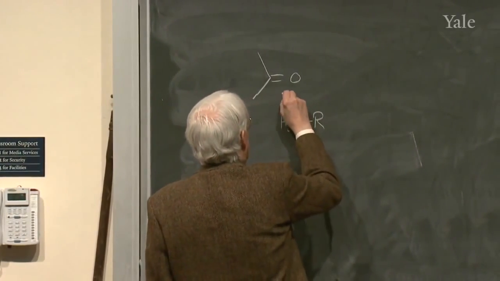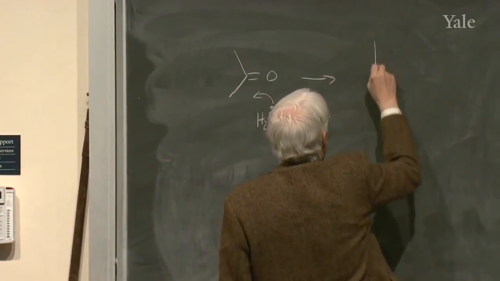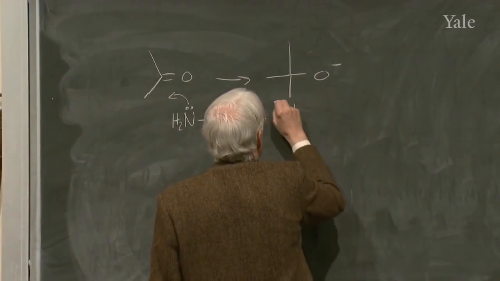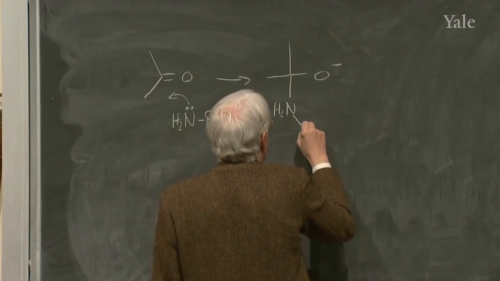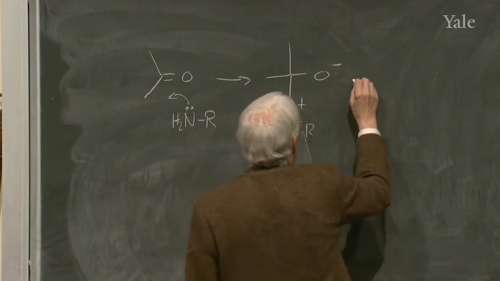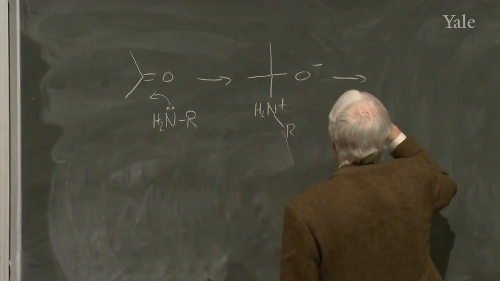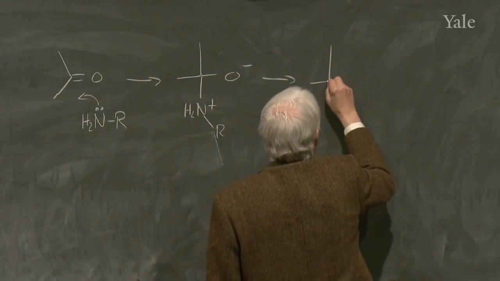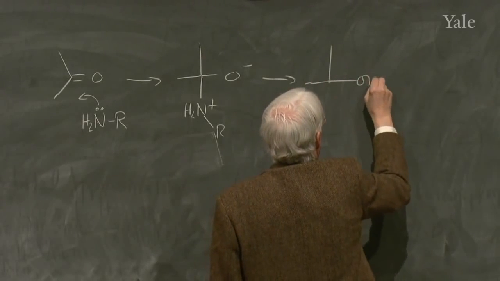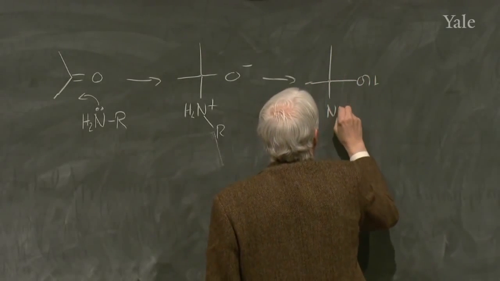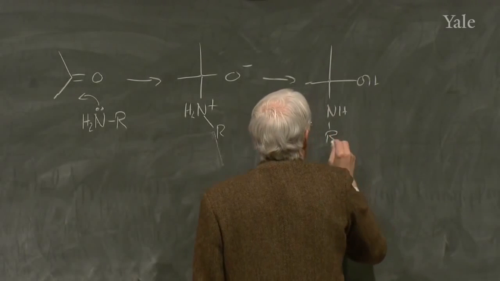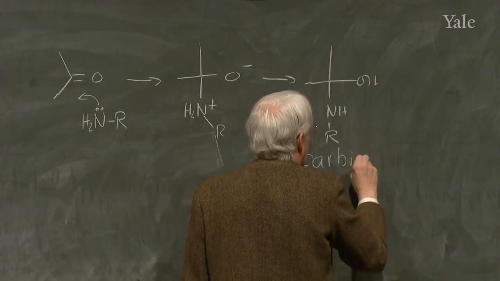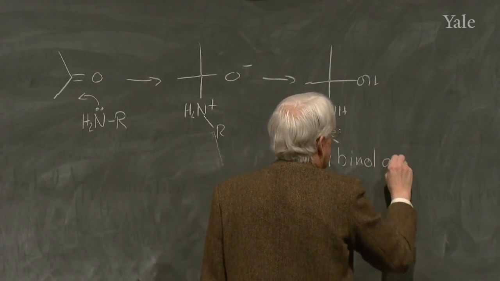So this can react. And of course that can lose a proton here, and it could put a proton on there. It's probably not the same proton. And this is called a carbonyl amine.